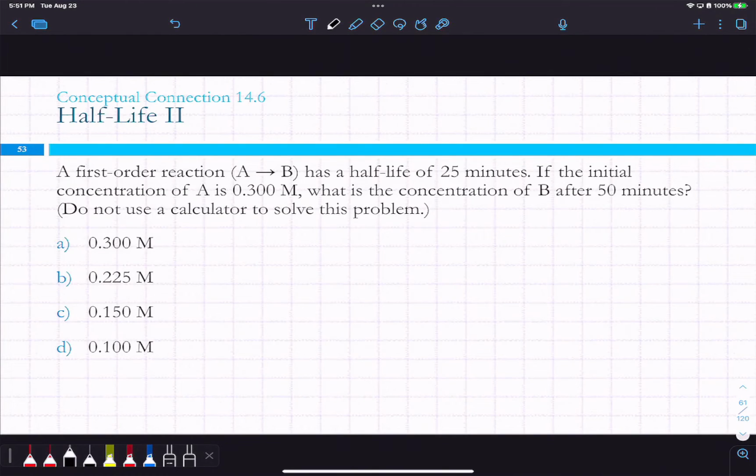How about this one? Again, we've got a first-order reaction, A reacting to form B, has a half-life of 25 minutes. If the initial concentration of A is 0.300 molar, what is the concentration of B after 50 minutes? Don't use a calculator.